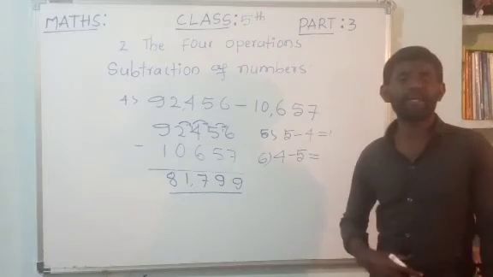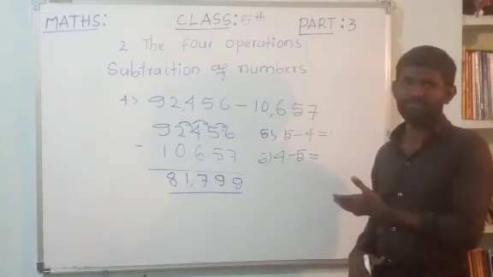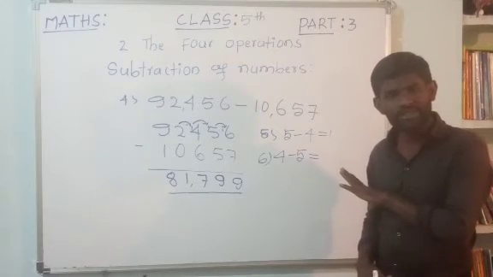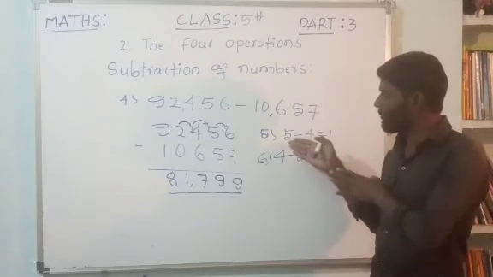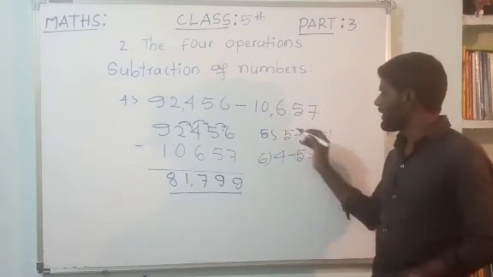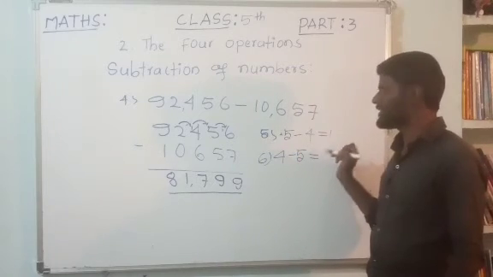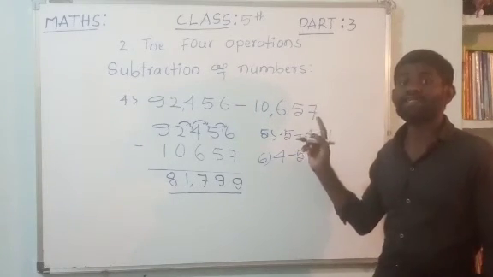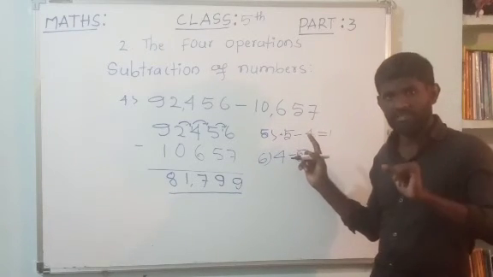Many of my students have doubt about this one. 5 minus 4 means the answer is 1, because we are subtracting the small number from the big number. The symbol of the big number is plus. Here I didn't mention it, but if a number does not have any symbol, it is always positive.